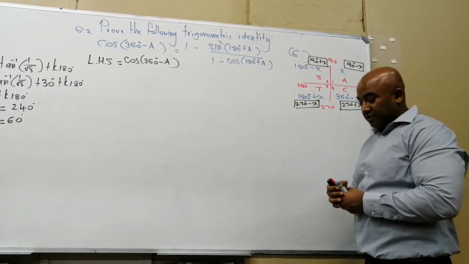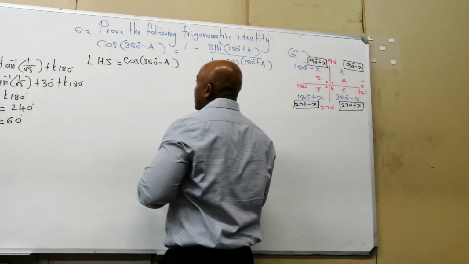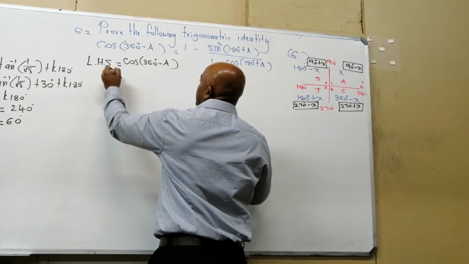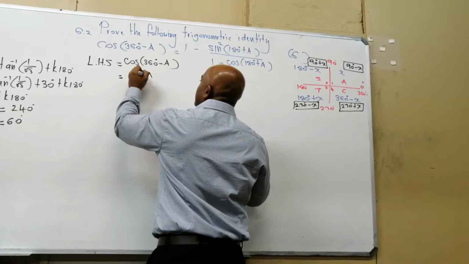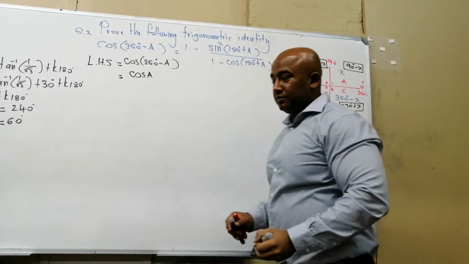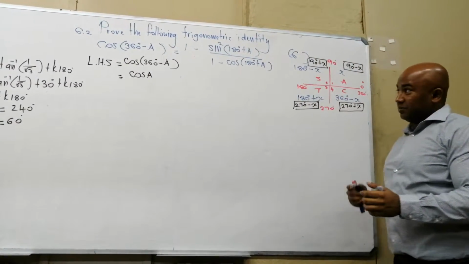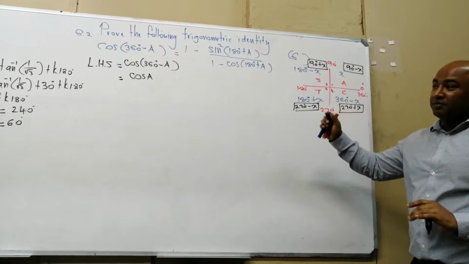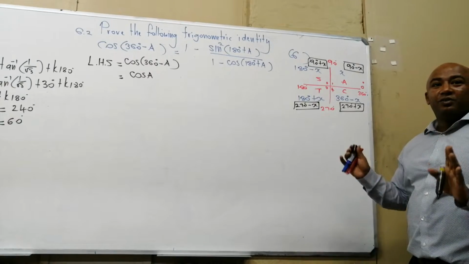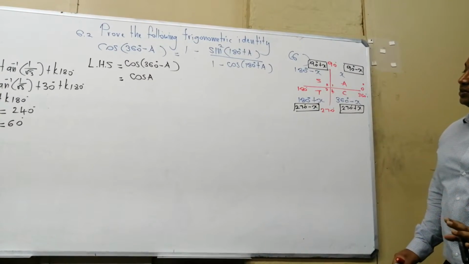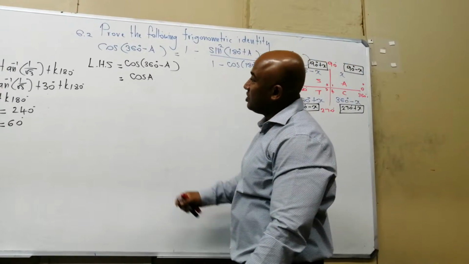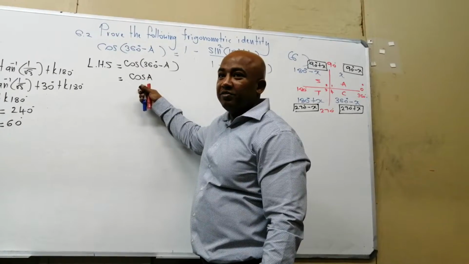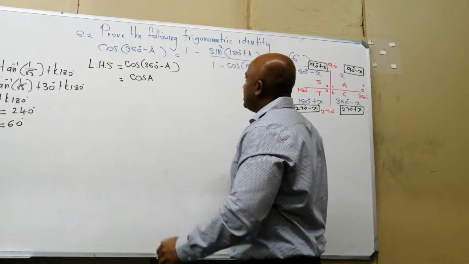Cos is positive, so therefore this can be written as just equal to cos of a. To understand what that means, you have to draw the graph to see why cos of 360 minus a and cos of a are equal. Okay, so the left hand side simplifies to just cos of a. Let's look at the right hand side.